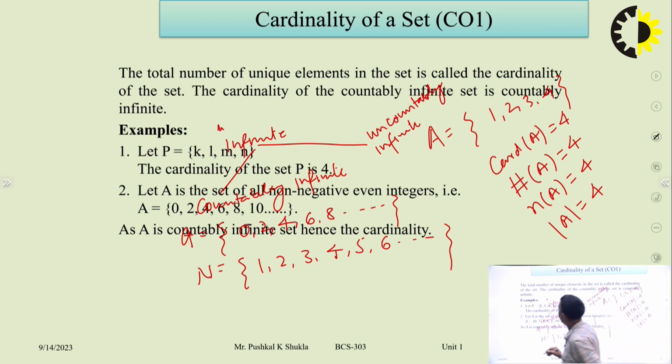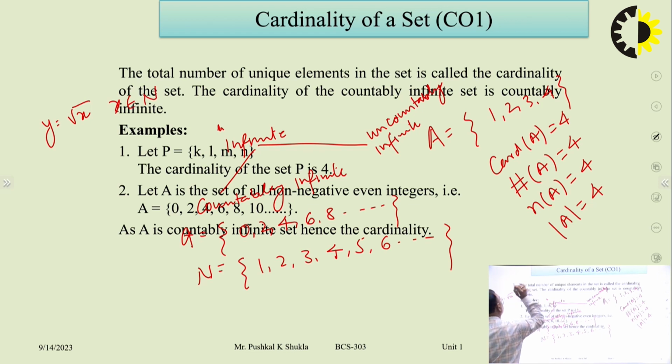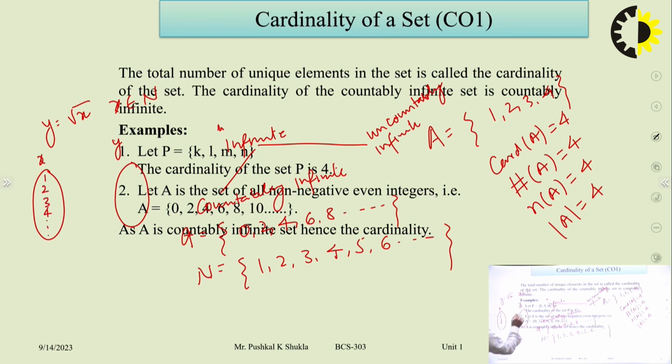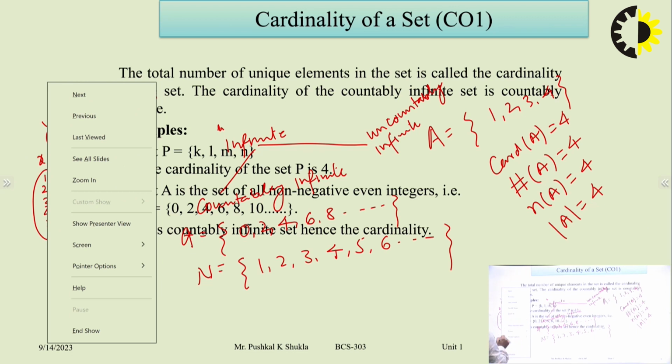Just for example, y equals root x, and x is an element of N. So here this is X and this is Y. X is a natural number, so we can write here 1, 2, 3, 4 and so on, and the value is Y equals plus minus 1, plus minus root 2, plus minus root 3 and so on. So 1 is associated with both plus 1 and minus 1.